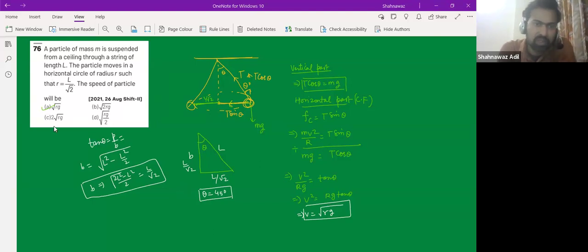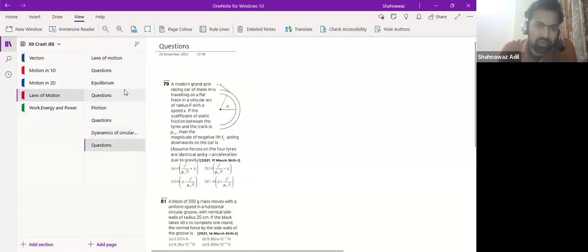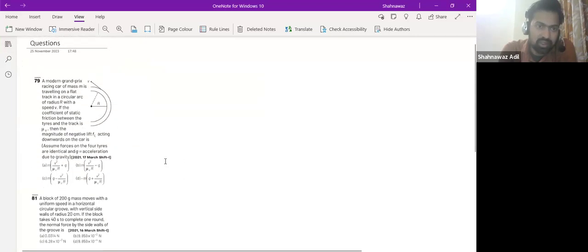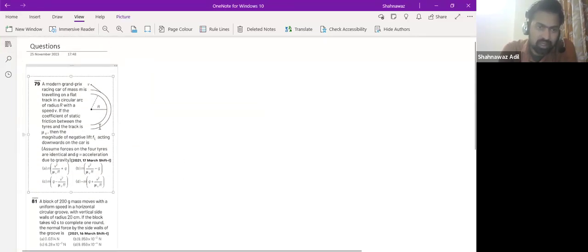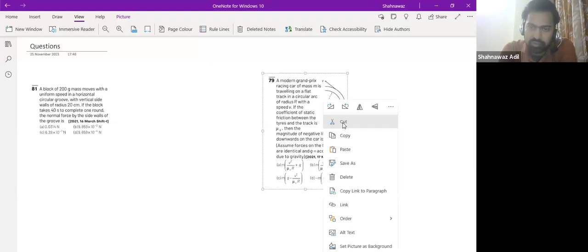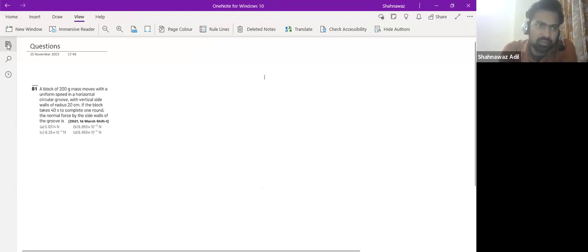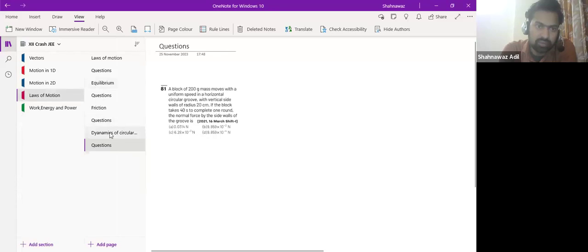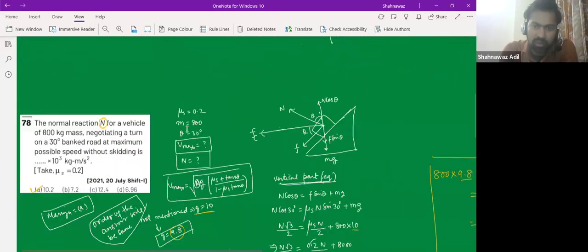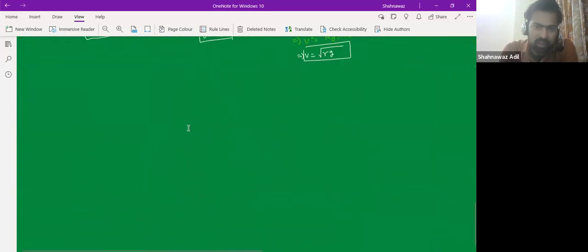So we'll quickly do this unbanked road question, and then we'll talk about work, energy and power.